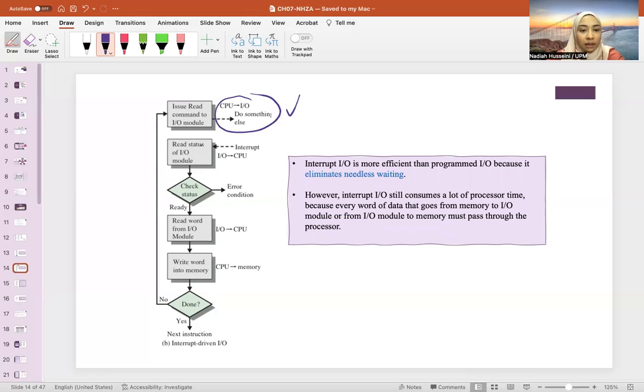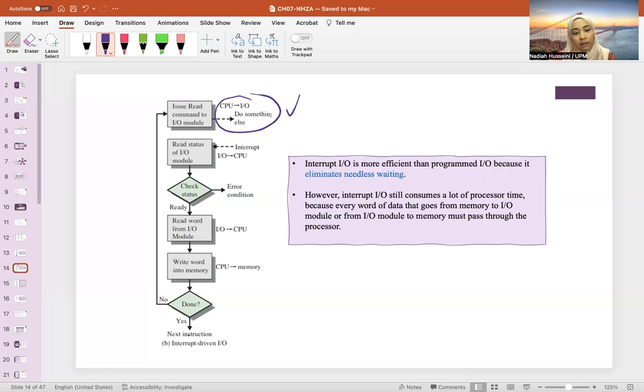Good. And then the IO module is ready. It interrupts the CPU, telling it, hey, I'm ready. The device is also ready. Let's do some checking again. It checks the status, and if there are any errors, do some error correction. If there is no error, proceed. Read word from the IO module, and then write the word into the memory.